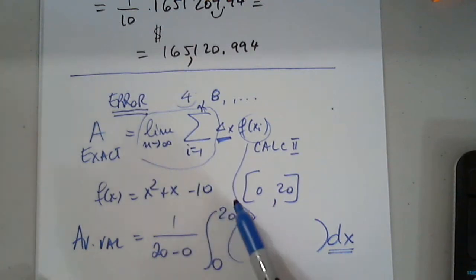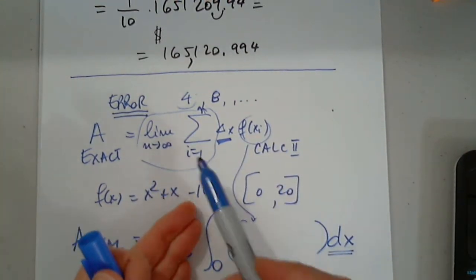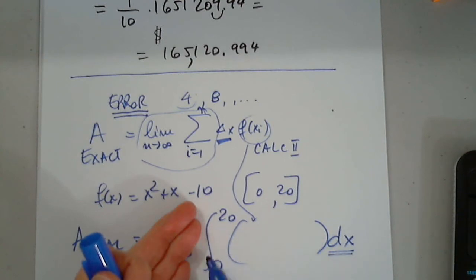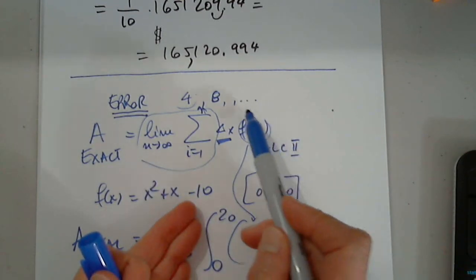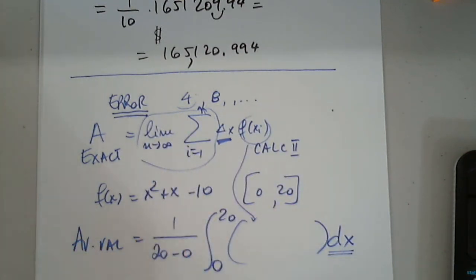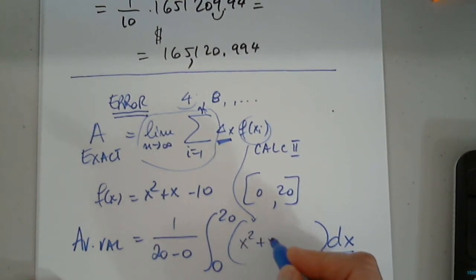This basically is the integral symbol. But now we want to find the average value, so we're going to divide the answer by 20. But this is exactly this. This is the area. This or this are exactly the same. Okay, so this is x squared plus x minus 10.